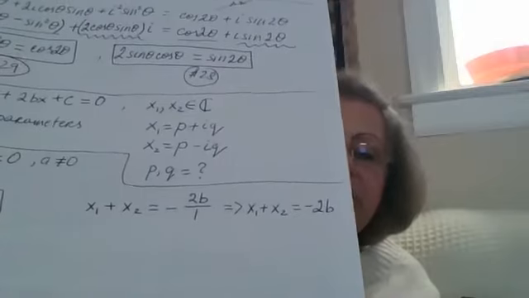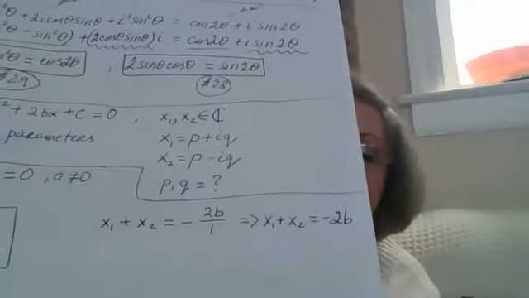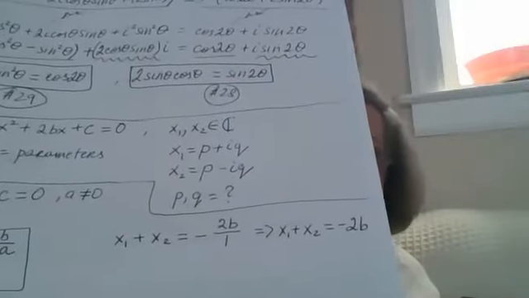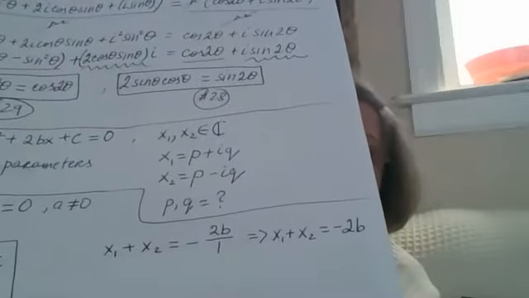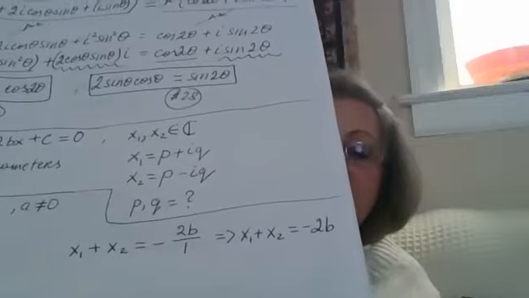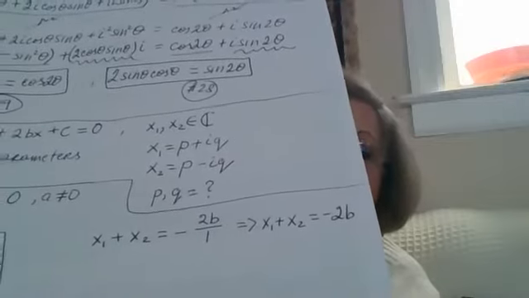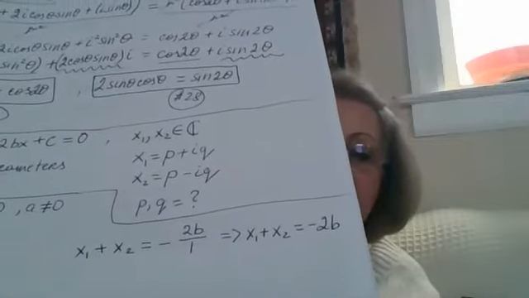Is it clear? I used the first line in that box, which represented the theorem of Viet. Do you understand where it is coming from? Yes. Excellent.